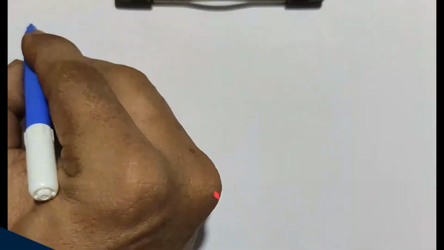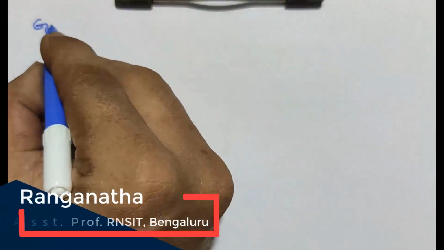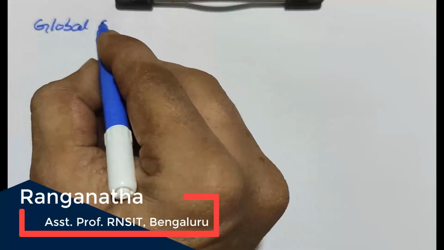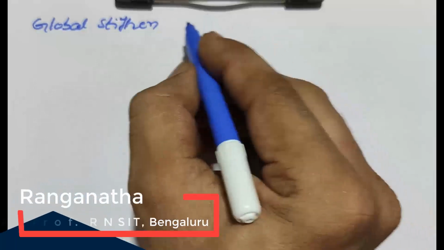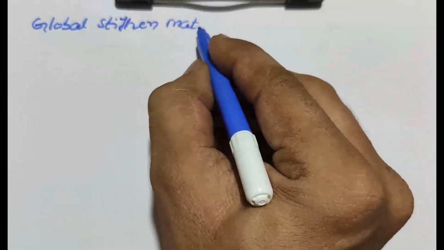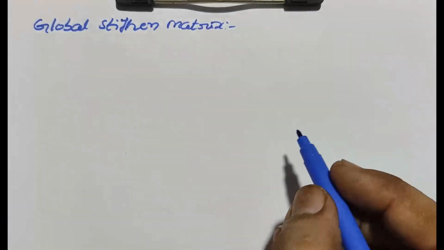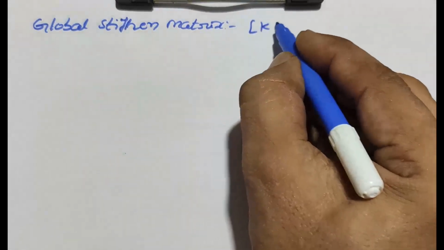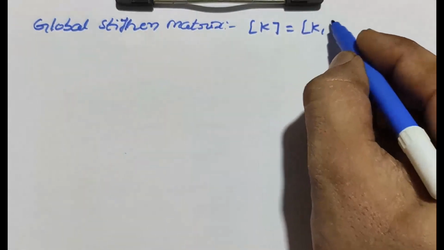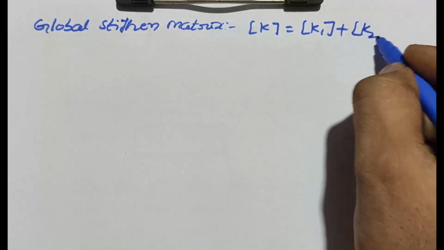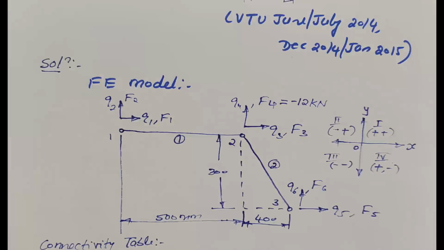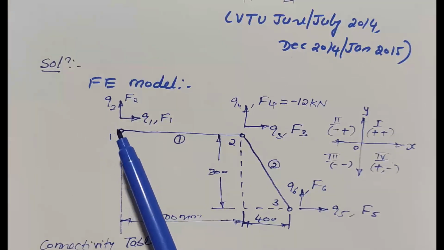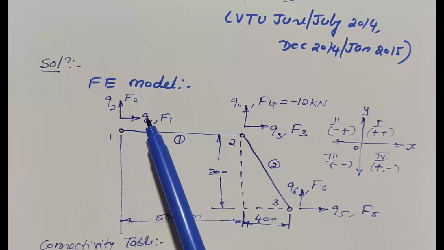Next is the global stiffness matrix. That is K is equal to K1 plus K2. Now what is the order of the global stiffness matrix? Here for each node there are 2 degrees of freedom. Means for node 1 the displacements are Q1, Q2.